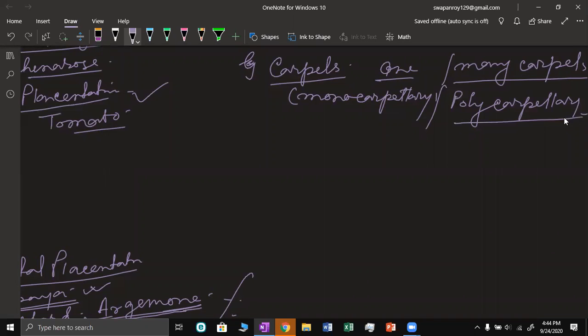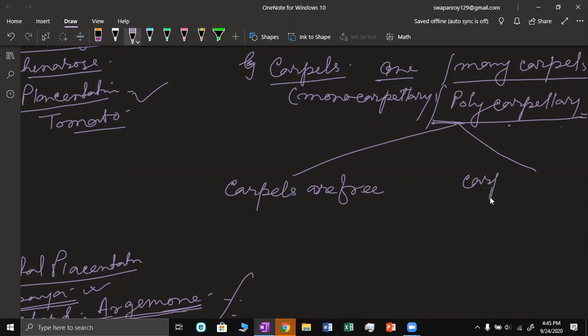When it is polycarpellary, two types of condition arise. Either all the carpels are united together, fused together, or the carpels are free from each other.